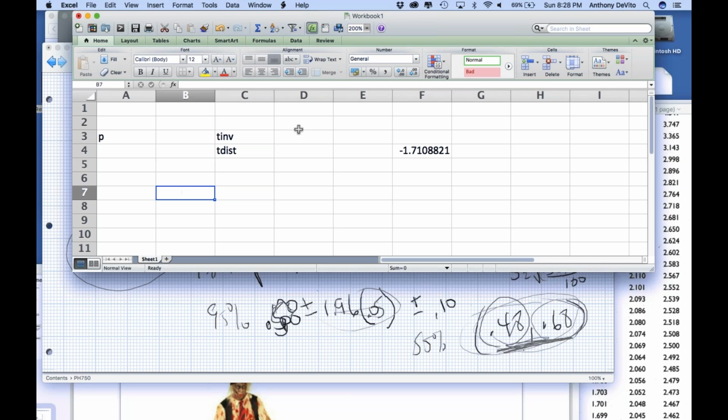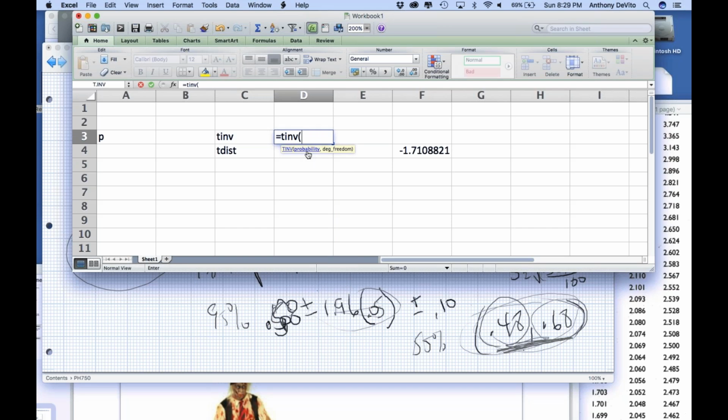I need the t value, right? Well, the way I would find that is I would click in here, put an equal sign in and say t inverse, parentheses, and now it's asking me for the probability. It's asking me for the p-value, or the percentage of likelihood of being wrong if you reject the null hypothesis.